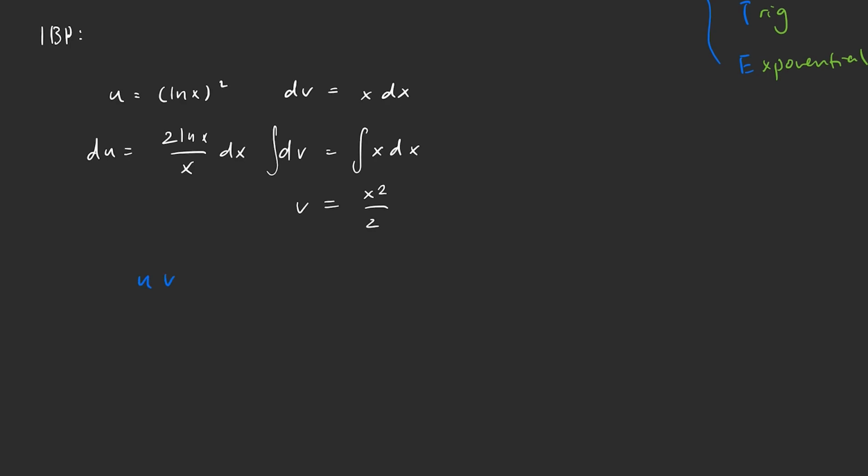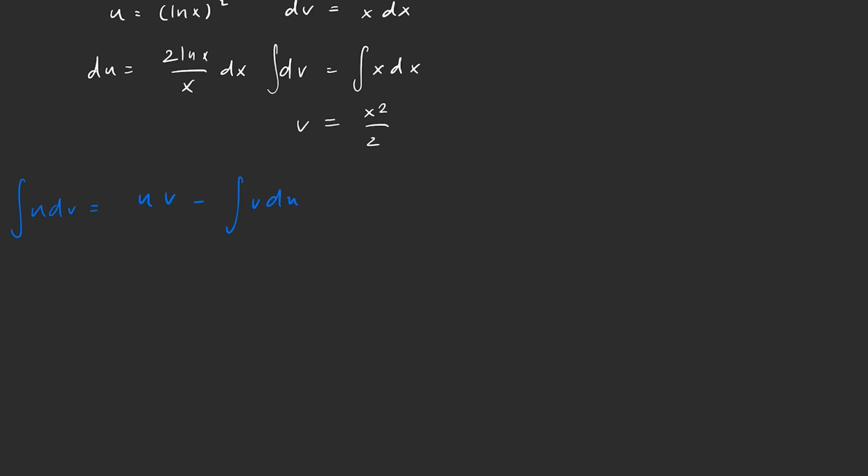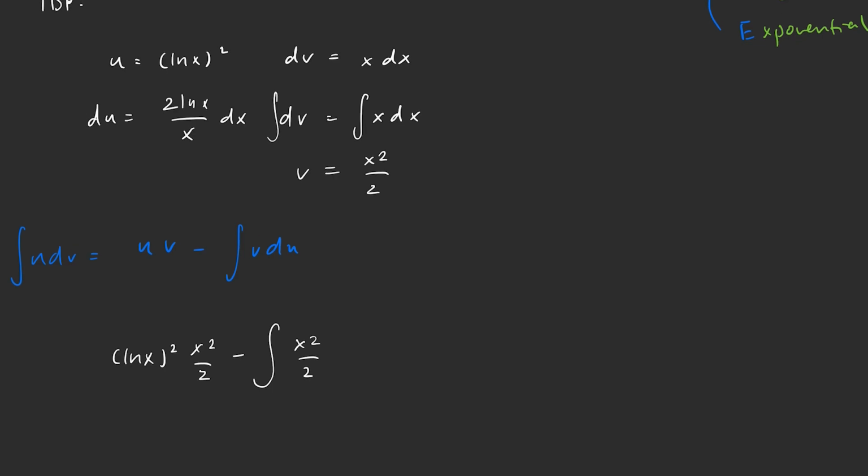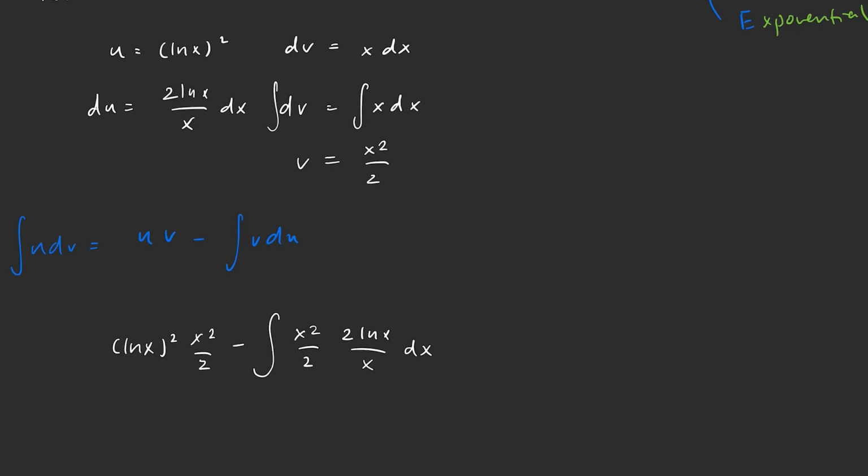Again, remember that the integral of u dv is uv minus the integral of v du. So u is ln x squared, v is x squared over 2, and our du is 2 ln x over x dx.